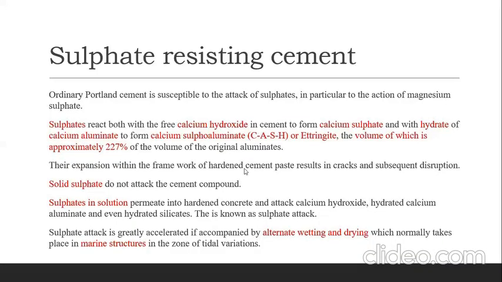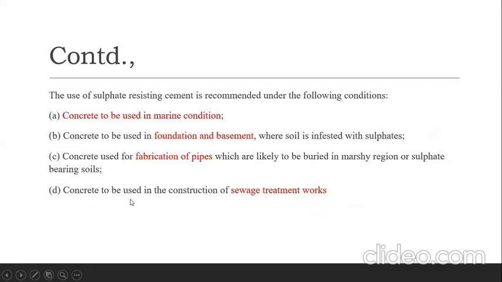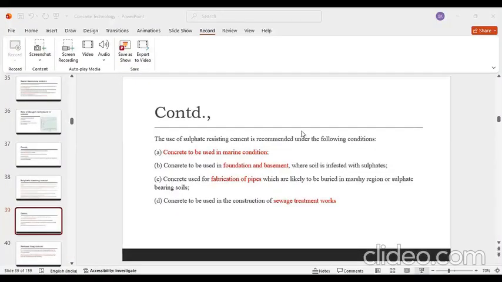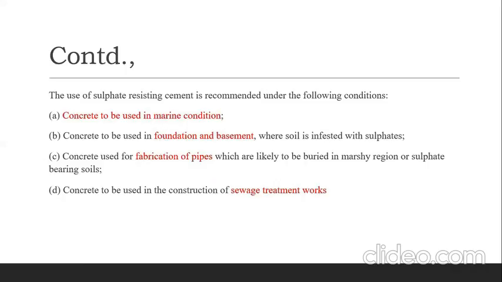Okay. And next, as I said previously, this type of sulfate resisting cement was mainly used in the case of offshore areas and where the soil is rich in sulfate salts.